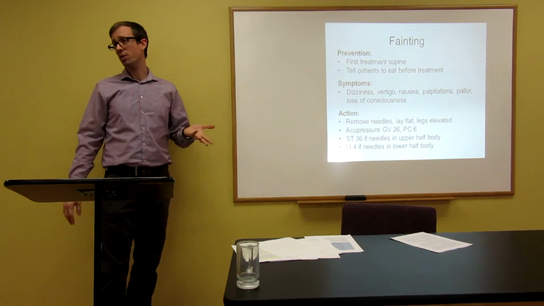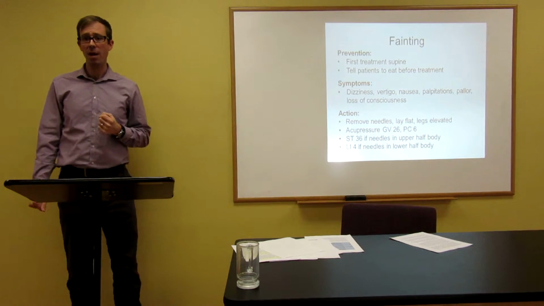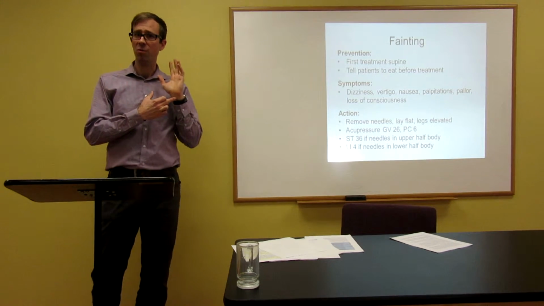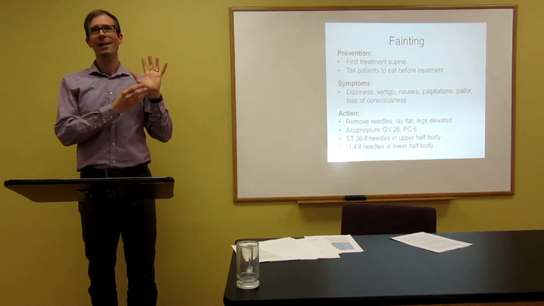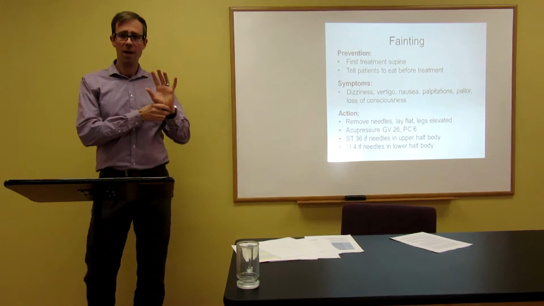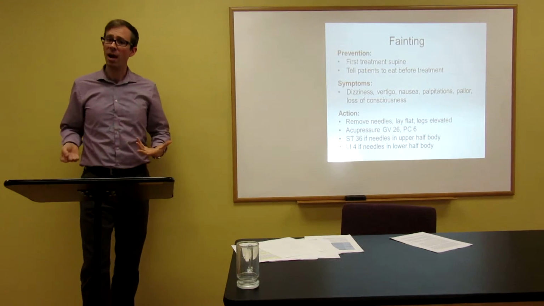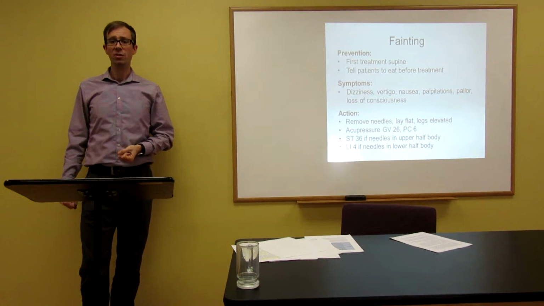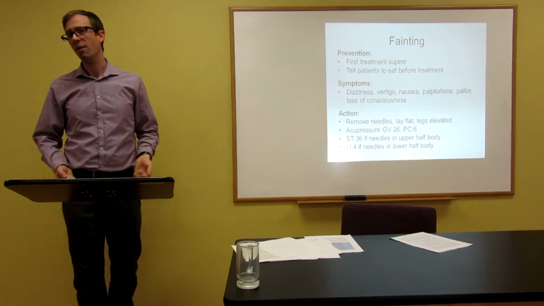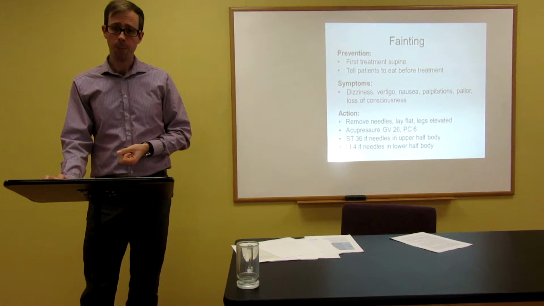You can apply acupressure to GB26 to bring them back to awareness. Pericardium 6, they also sometimes recommend, especially if they're experiencing palpitations or nausea. They say if the needles are located mostly in the upper half of the body, you can apply stomach 36 too. If the needles are located more in the lower half of the body, you can apply LI4, and that can help to reduce those feelings of pre-syncope.